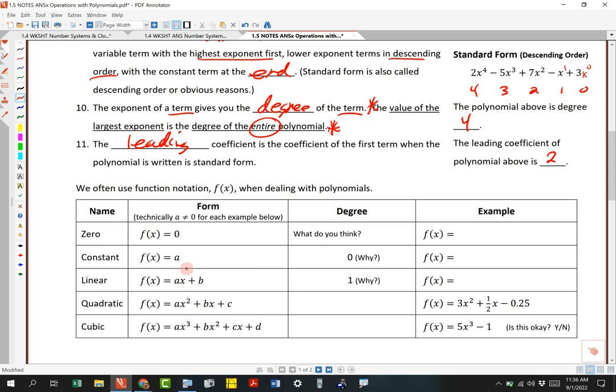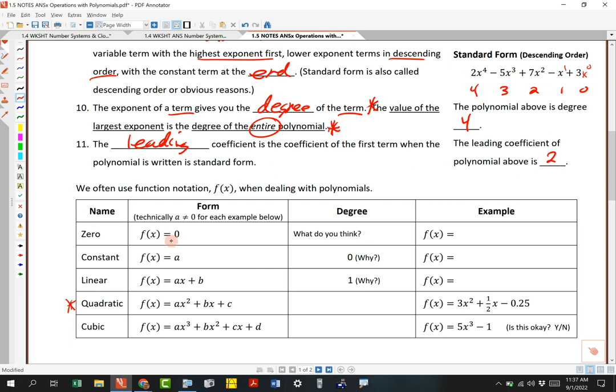And again, most of these, if we use an a, can't be 0. A linear one looks like this, a times x plus b. A quadratic, so you want to keep track of that name because that's going to come up again. A quadratic is ax squared plus bx plus c. And then same type of thing for a cubic. We're just kind of adding another exponent, another term there, increasing the degree one at a time. And those are the names.